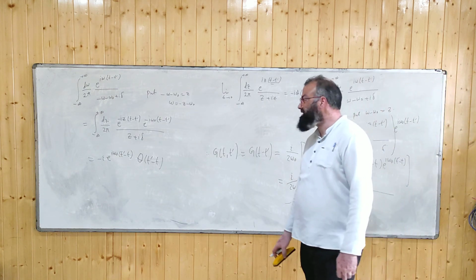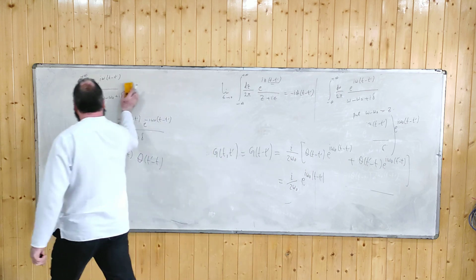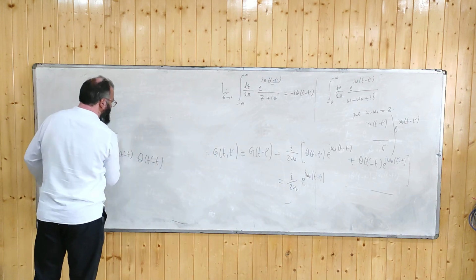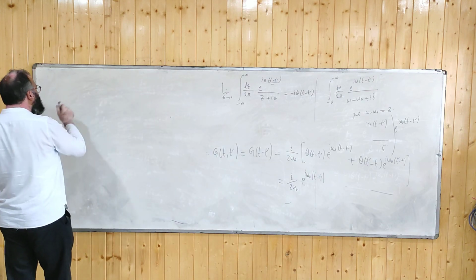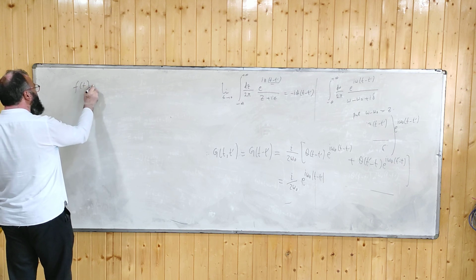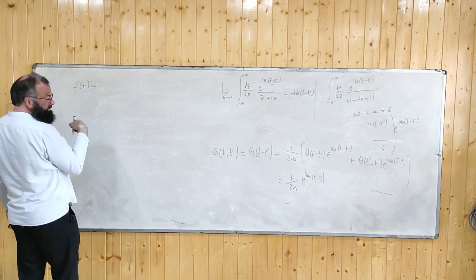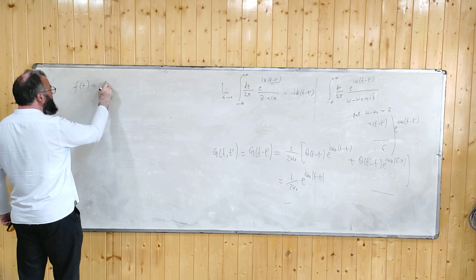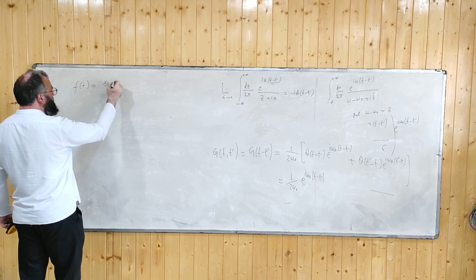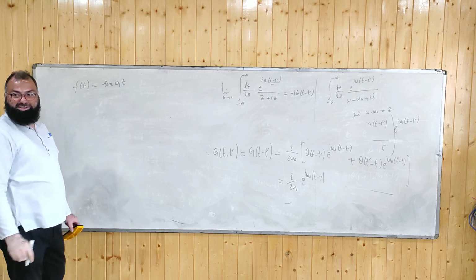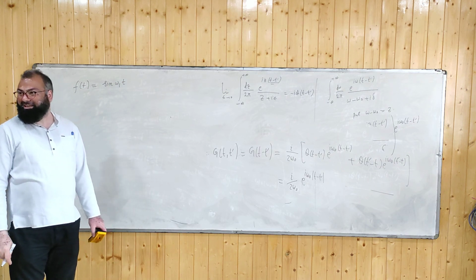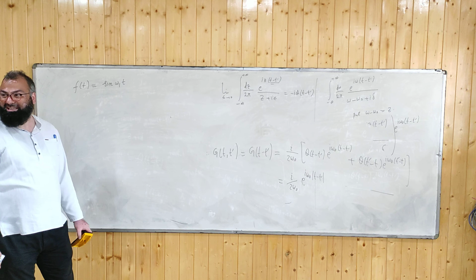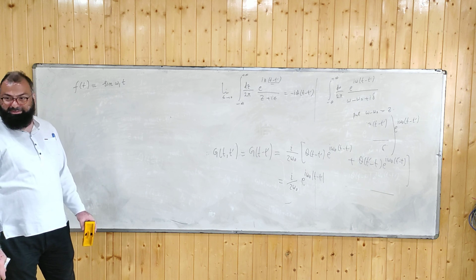If the driving is given, that will be the assignment for you people. Let's say f of t is equal to sine of omega 1 t. So you are driving at a different frequency instead of the natural frequency.